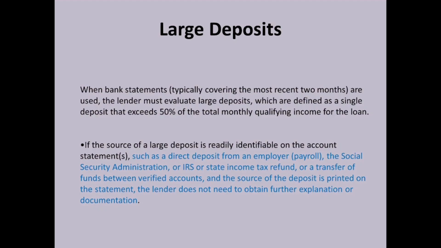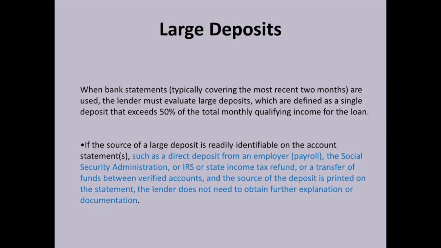Hope you get it. If the source of the large deposit is readily identified on the account statement, there is no need to ask for that. So whenever you receive any deposit which is 50% of the qualifying income, you need to have the source of the deposit, correct?